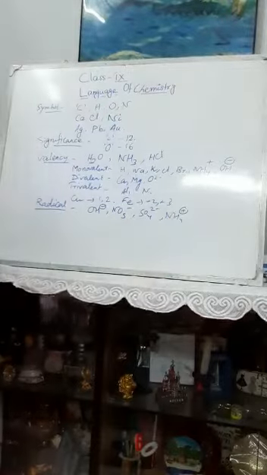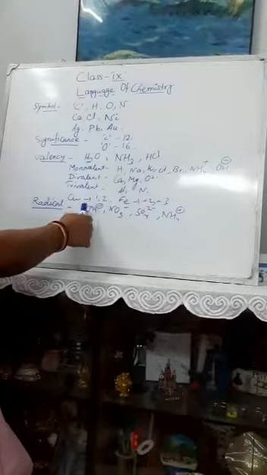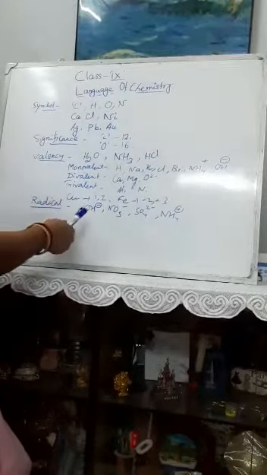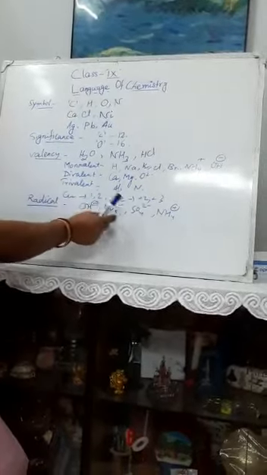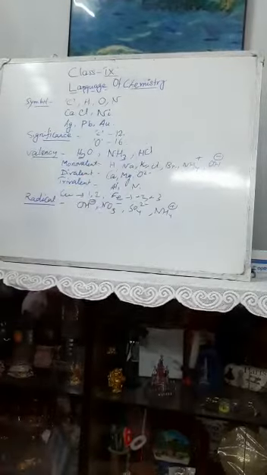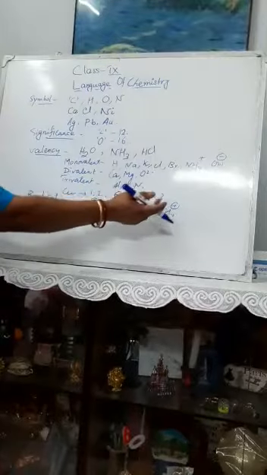So these are the radicals. That means the group of atoms, when they react or combine with other ones, they behave as a single atom and remain together. Nitrate, sulfate, ammonium. These are the radicals, and radicals always possess or carry a positive or negative sign.